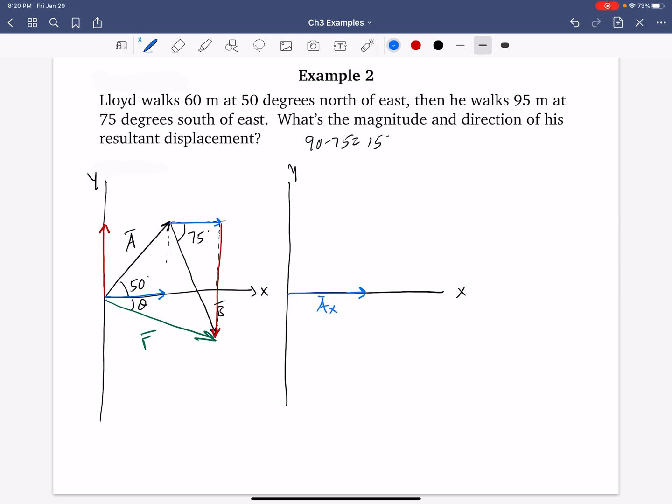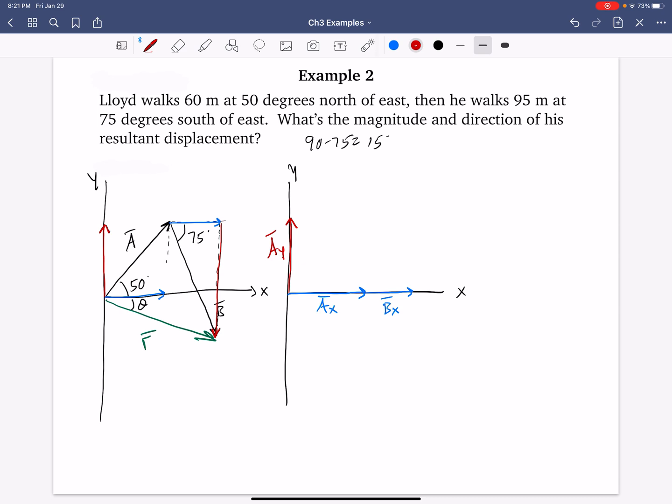Now we have BX, something like that. And in the y direction, we have AY, and then BY. Remember, BY starts from this point up here, where AY finishes.